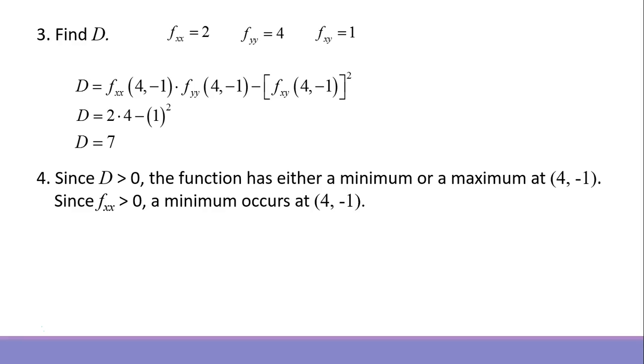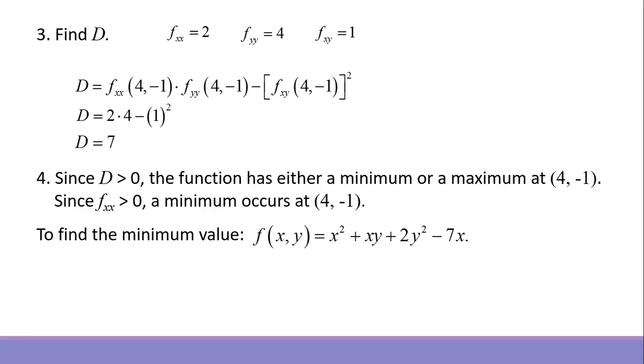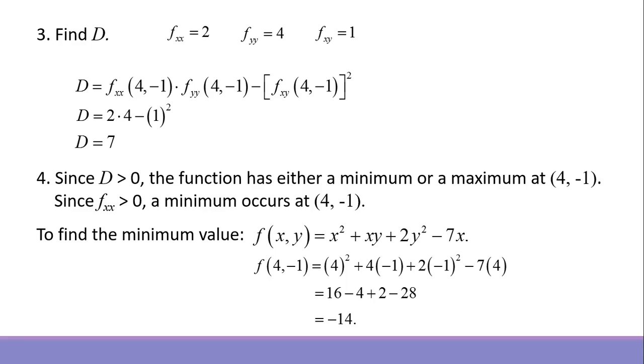And to find the z-coordinate that goes along with that x and y, in other words, to find that actual minimum value, we'll substitute 4 for x and -1 for y in our function, and we'll get a z-coordinate of -14. So this function has a minimum value at the point 4, -1, -14, and the minimum z-value is -14.